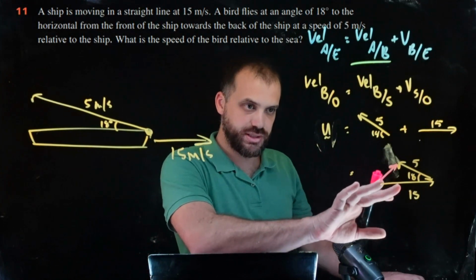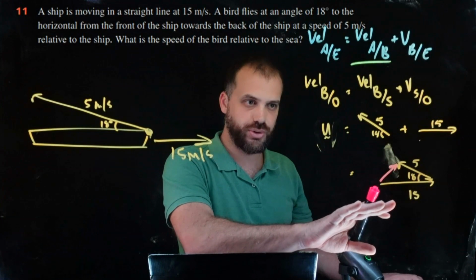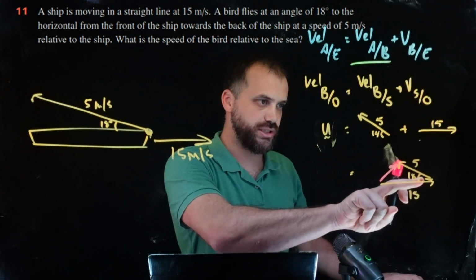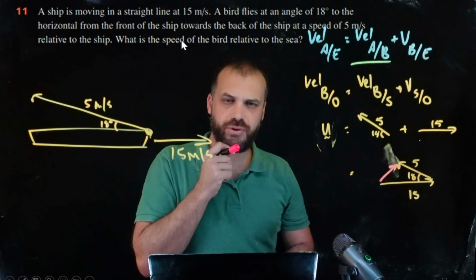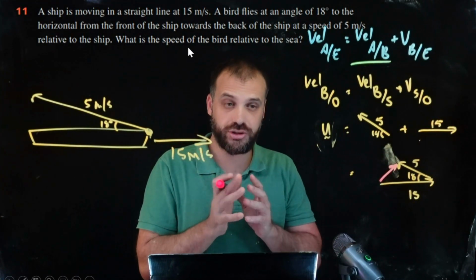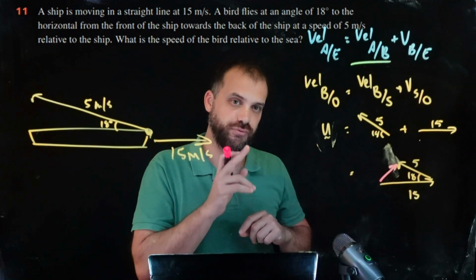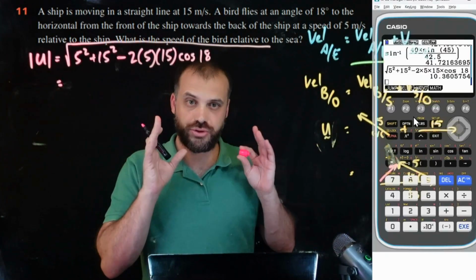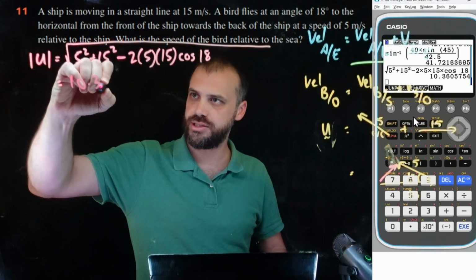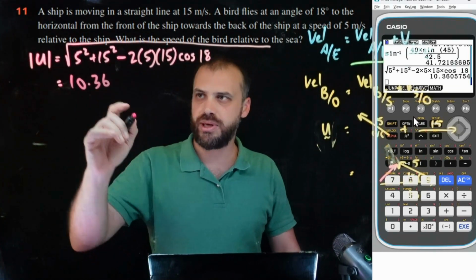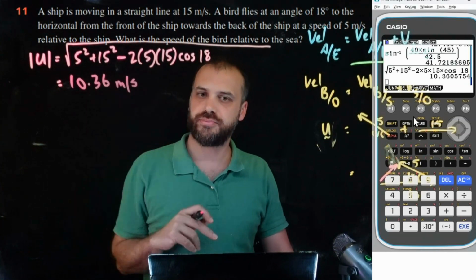So this is some sort of triangle question. I see two sides and an included angle, so cosine rule. They're asking for the speed of the bird, which means I don't need the direction. I only need the magnitude of that purple vector. So doing that, we get an answer of 10.36 units. What are we? Meters per second.